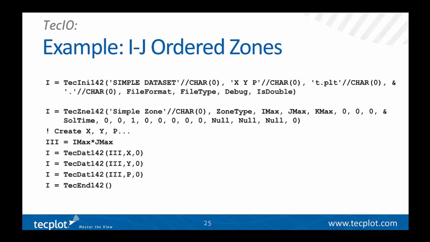So you can dump, for example, if you have a non-moving grid, into one file and then just dump your solution variables. If you have an unsteady flow, you can dump solution variables for each time step into a separate file. Debug, another integer parameter, gives you diagnostic output if you want, and isDouble is either going to be 1 or 0. 1 if you want the file saved in double precision, and 0 will give you floating.